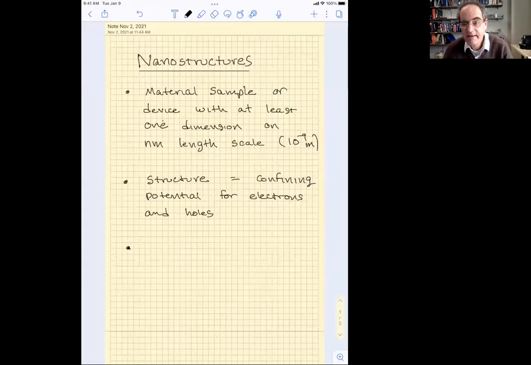And so another way to think of nanostructures is that they are structures that are small enough that the effect of this confinement produces measurable effects. In other words, a nanostructure is a system that shows quantum effects due to electron or hole confinement.